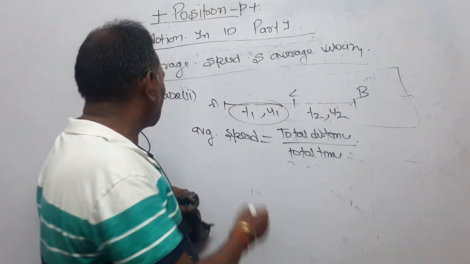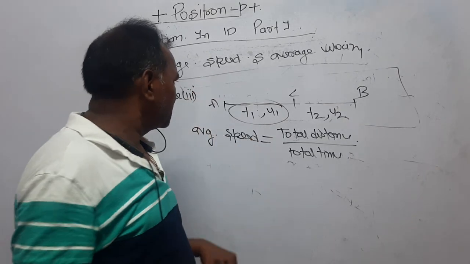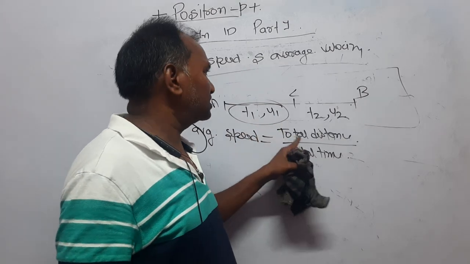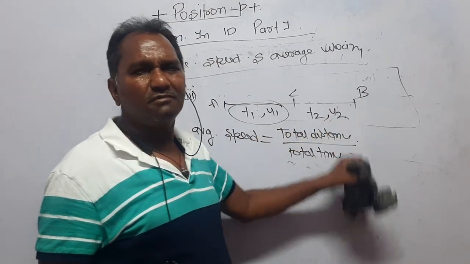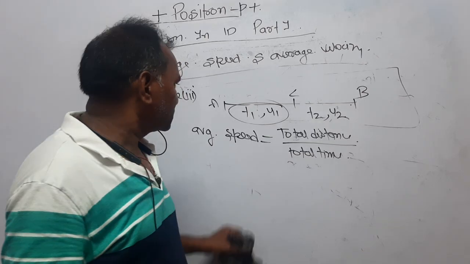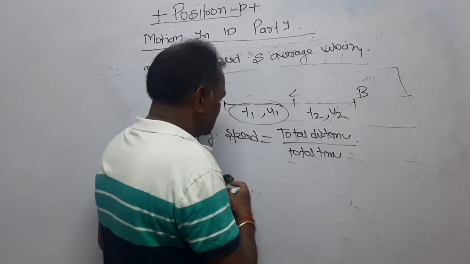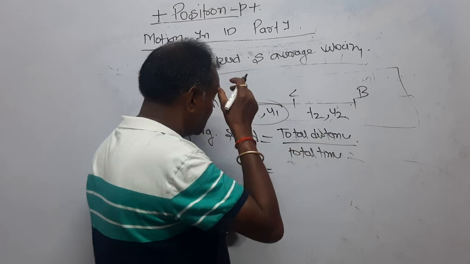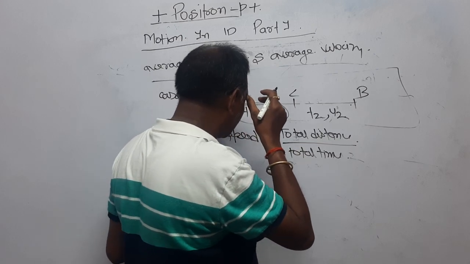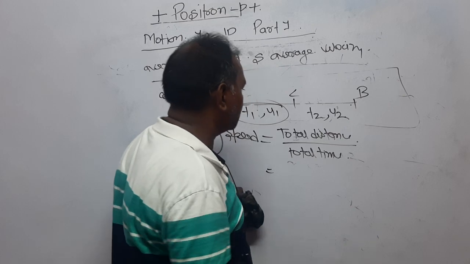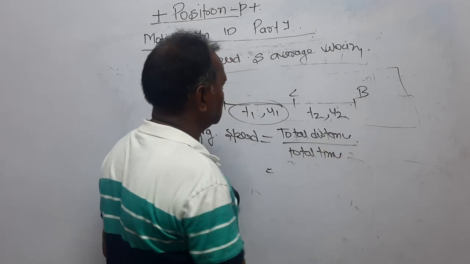This is case third. Then the average speed or average velocity, total distance.